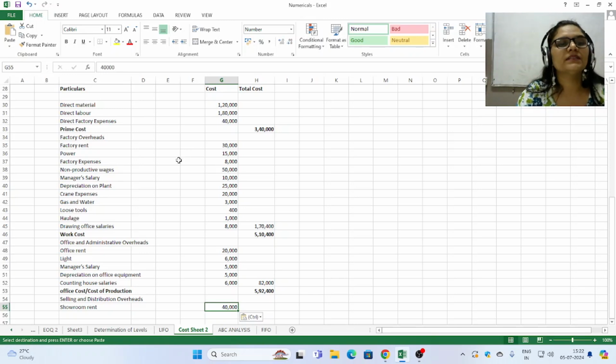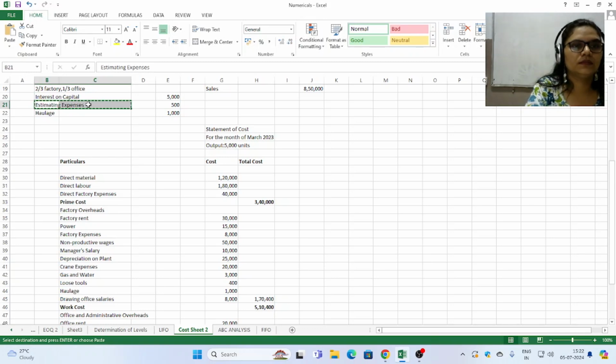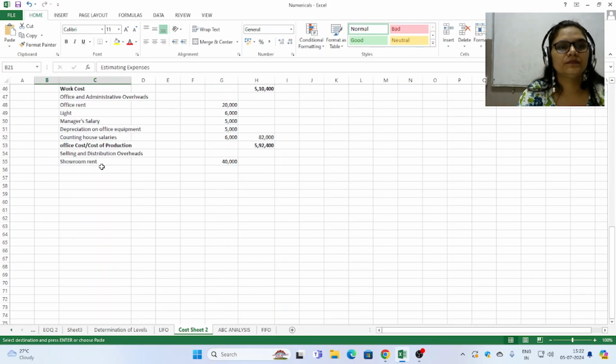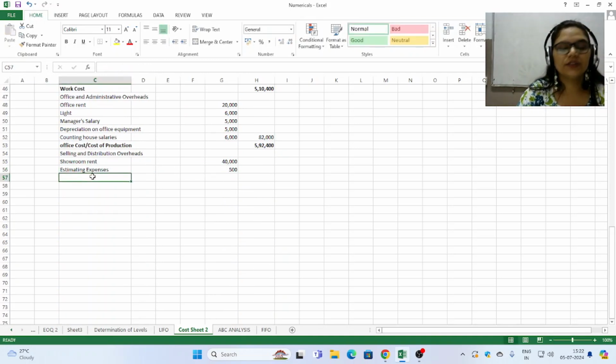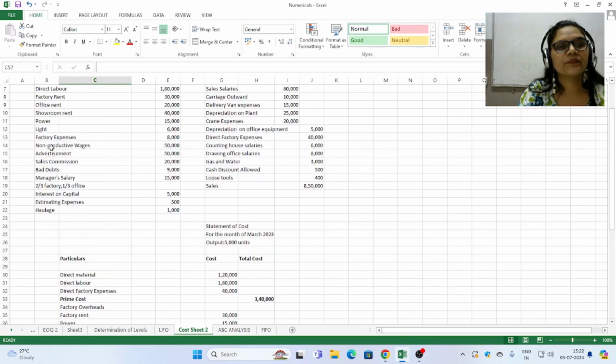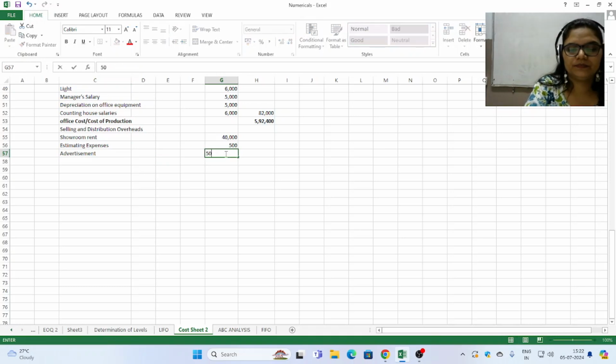Estimating expenses are part of your selling expenses. 500 rupees. Next is advertisement. It is 50,000 rupees.